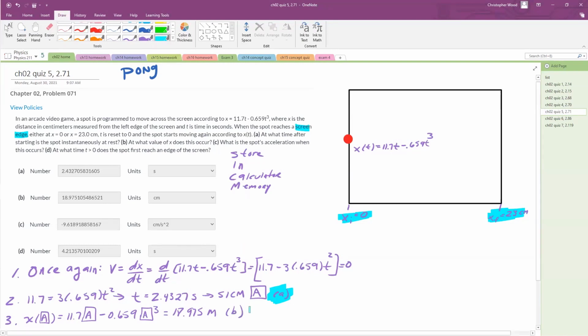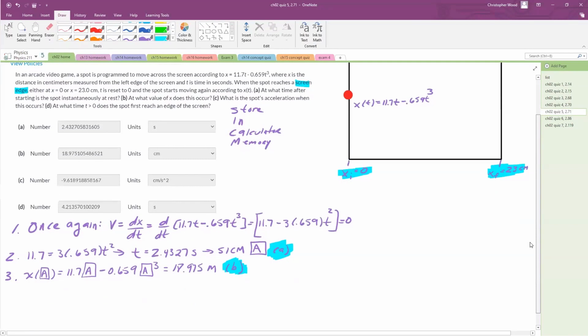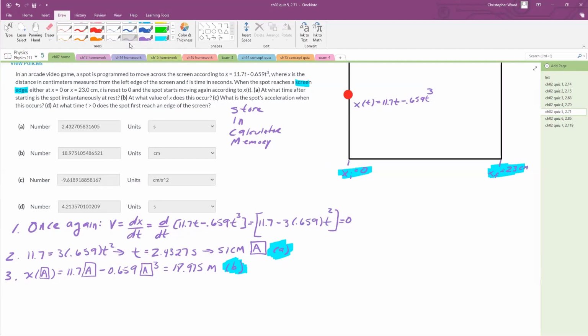Could you scroll down so that I can see? Like that? Thank you. Okay. Part C. What is the spot's acceleration when this occurs? So still pretty easy. Once again, acceleration is the time derivative of velocity.